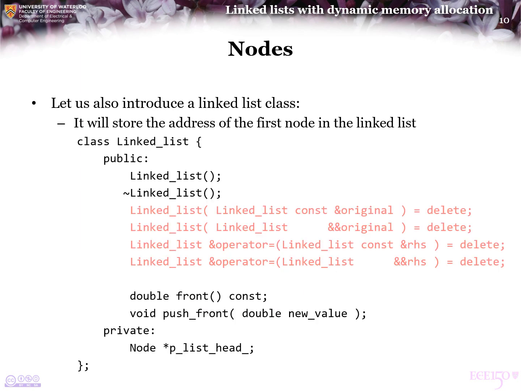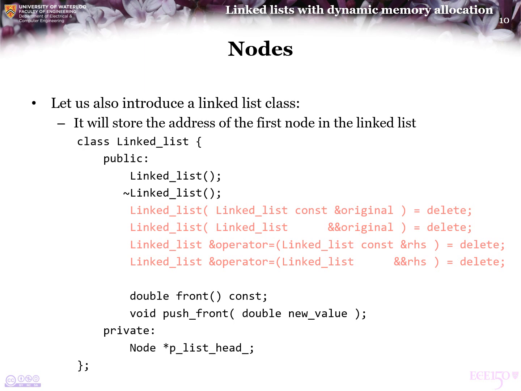Now, the fact that the user accidentally assigning to the local variable pointer to list head may cause us to lose the addresses of all of the nodes in the linked list suggests strongly we too should place this variable into a class.